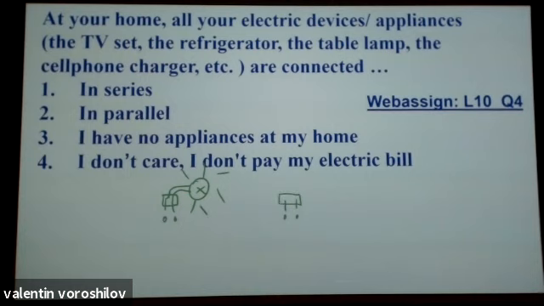Some plugs may have 3 prongs, but the third is grounded, so we ignore it. And it might be connected to a TV, the old one.